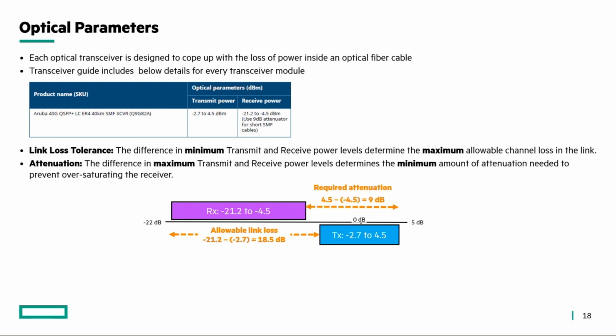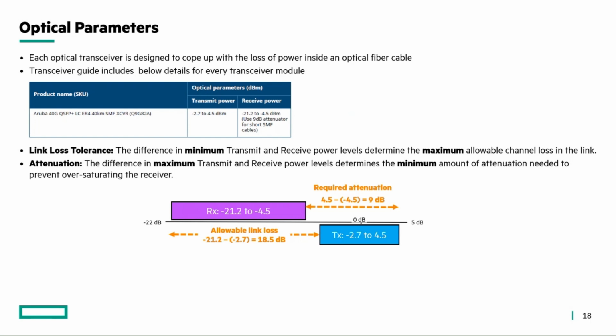In that case, it might damage your transceiver module. So you might want to know how much attenuation is required in this link, so that when you receive that power on the other end, it is within that certain range of receive sensitivity.